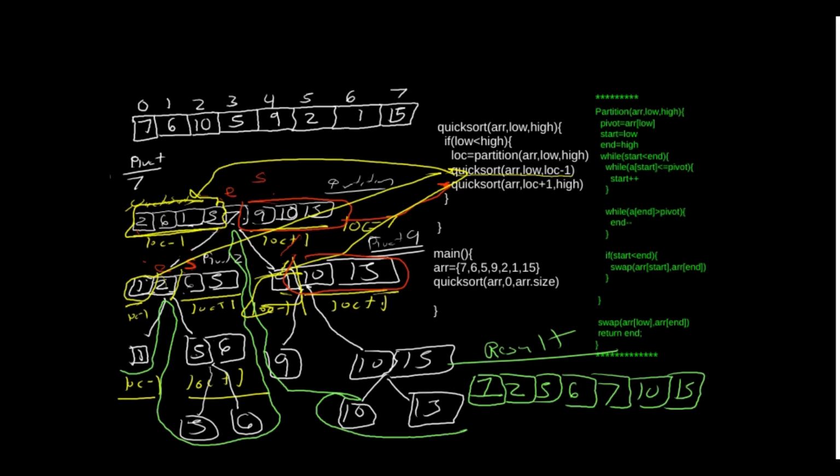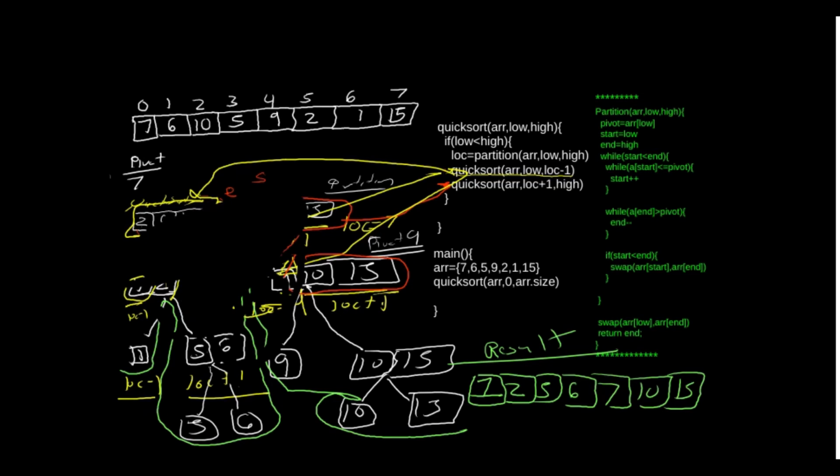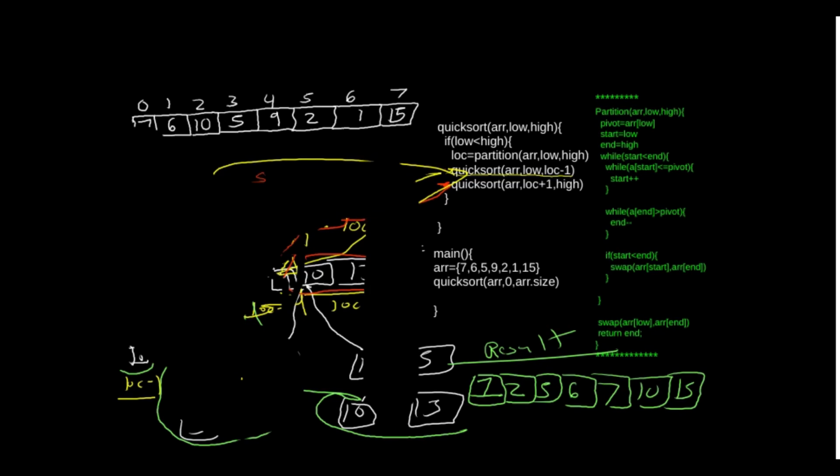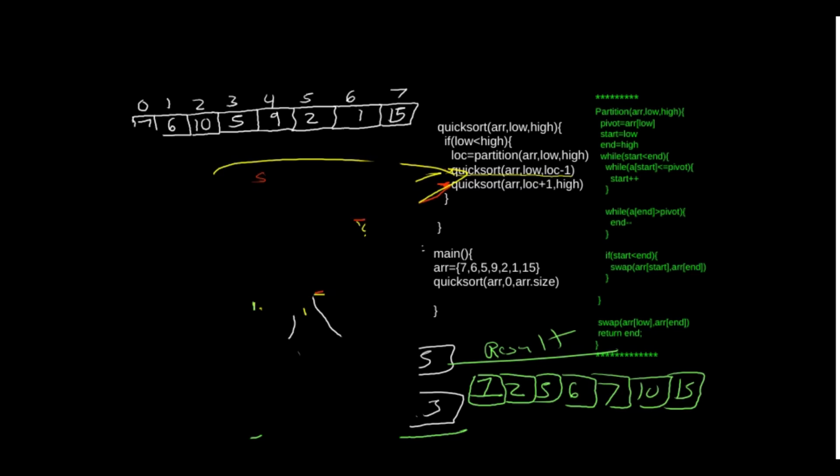And it would also recursively call quicksort plus 1 on this side. You guys get it. I know it's a lot of a mess, but I did my best at trying to explain the recursive tree here. All right.